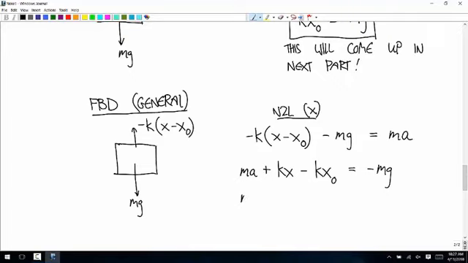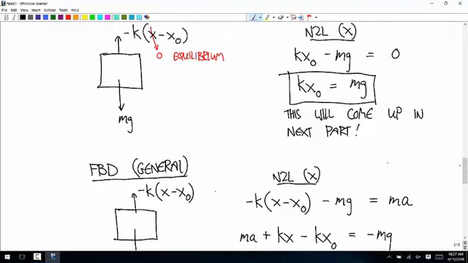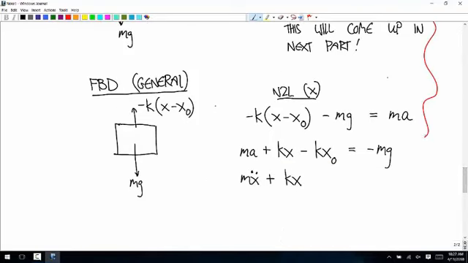And now acceleration is x double dot. So we have x double dot plus kx, and then kx0, this is where I'm going to use what we know about equilibrium. This is equal to negative mg, and all that's equal to negative mg. And so these two things cancel out.